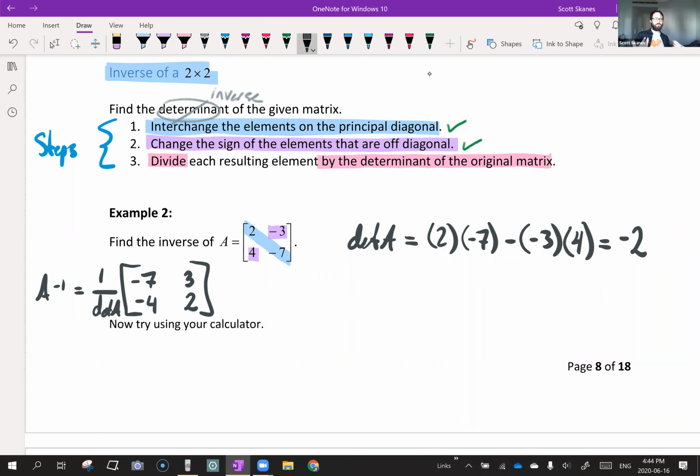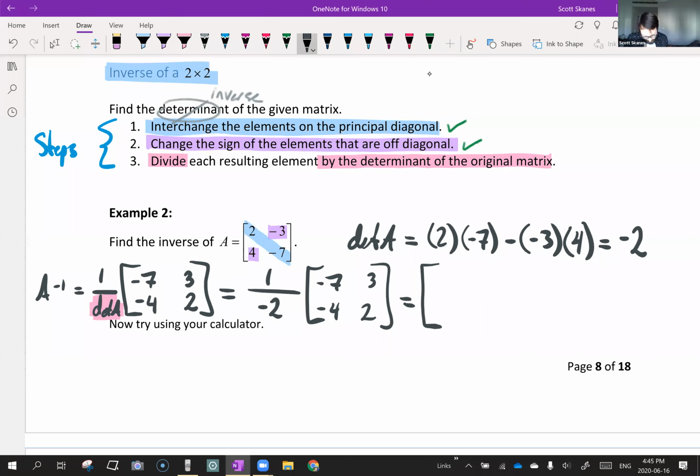So long story short, we have to divide by the determinant, that's this piece. So we have 1 over -2. And we'll divide out every single element of this matrix. So divide every element by -2.